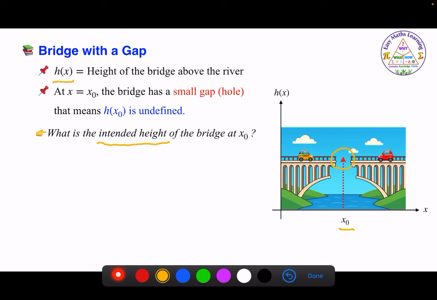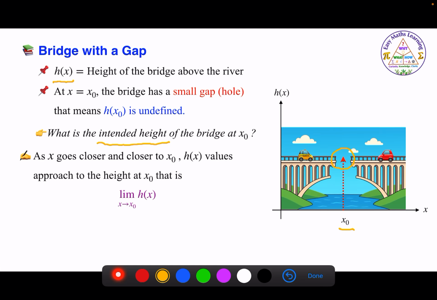So what we do, we approach the gap from both sides. Okay, means x goes closer and closer to x naught from both sides. Then h(x) values also approach the height.